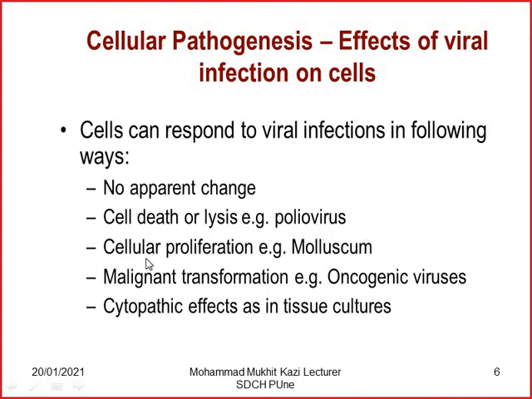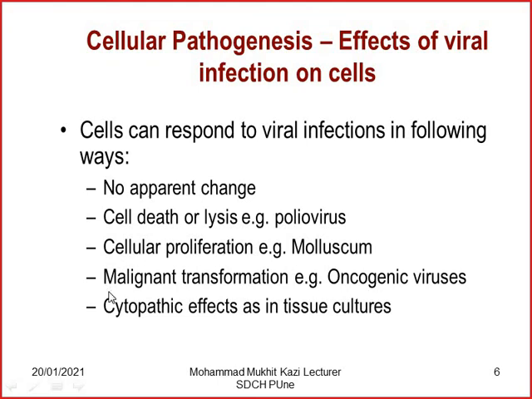Otherwise, what happens? Cellular proliferation. What does it mean? Once the virus enters the cells, they proliferate and form a growth which you can call a molluscum, and this is because of cellular proliferation.